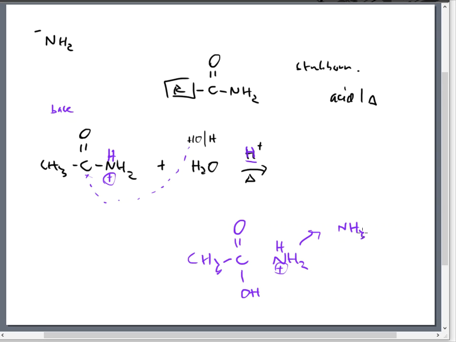It's just lost that extra bond that was causing the problem. So we get this generation of a carboxylic acid, and then we end up getting this nitrogen-containing compound as well. So that basically is what goes on here, folks.